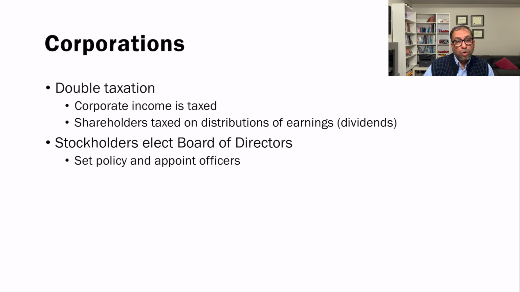Under the board of directors, the corporation is run through professional managers, who are the agents, so they are not the owners. Ownership and management are separate, so there is a possibility of a principal-agent problem in corporations.